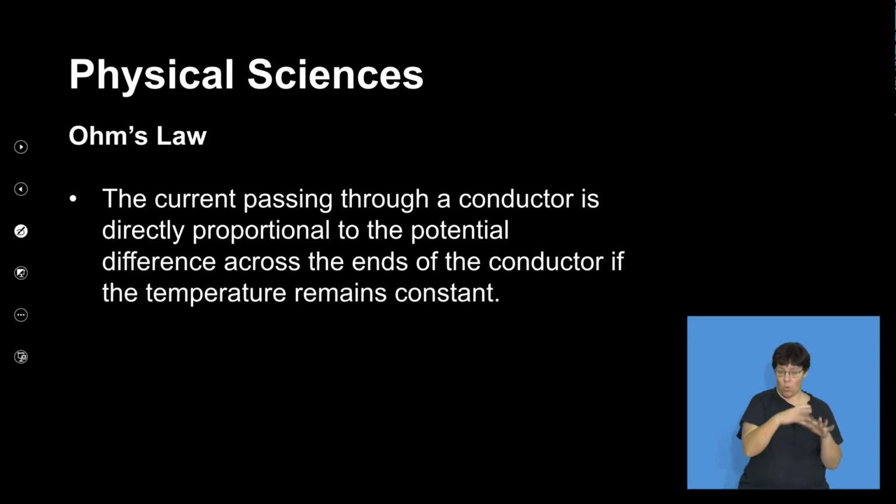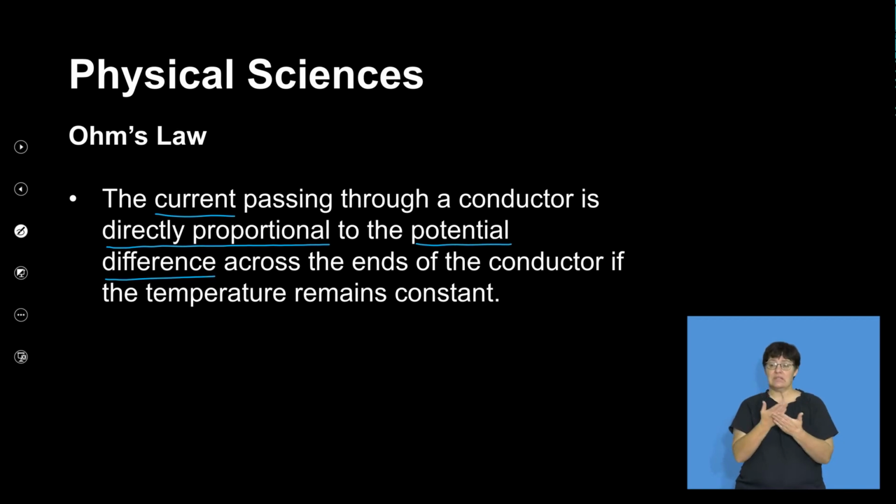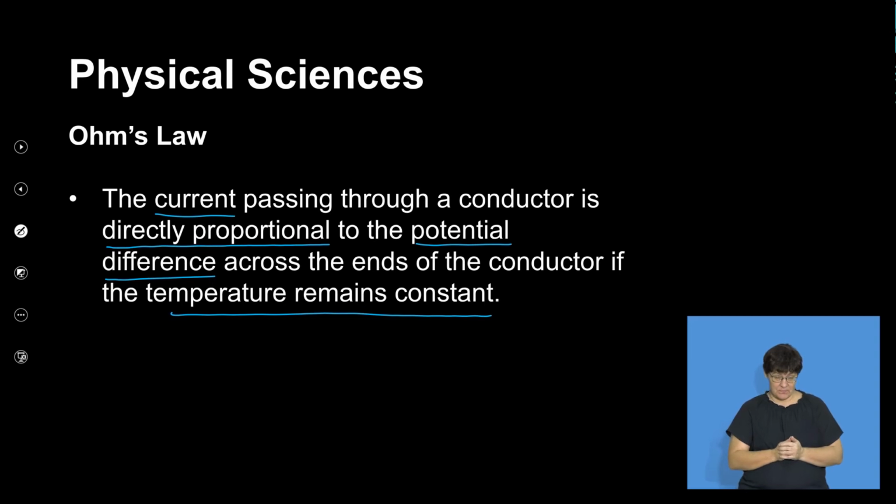It states that the current passing through a conductor is directly proportional to the potential difference, or the voltage, across the ends of the conductor if temperature remains constant. So what we have underlined is what is very important, or what we would refer to as the key terms as far as Ohm's law is concerned.